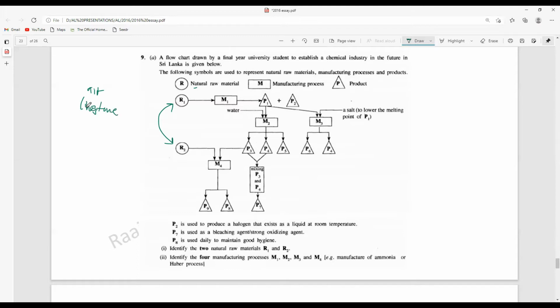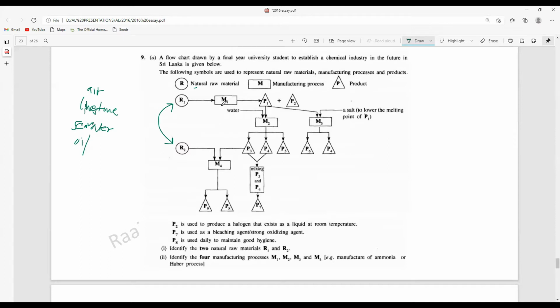It could be seawater, and it could be some oil for soap production. We use vegetable oils, fats and oil, anything. So it can be all those things which are naturally available.